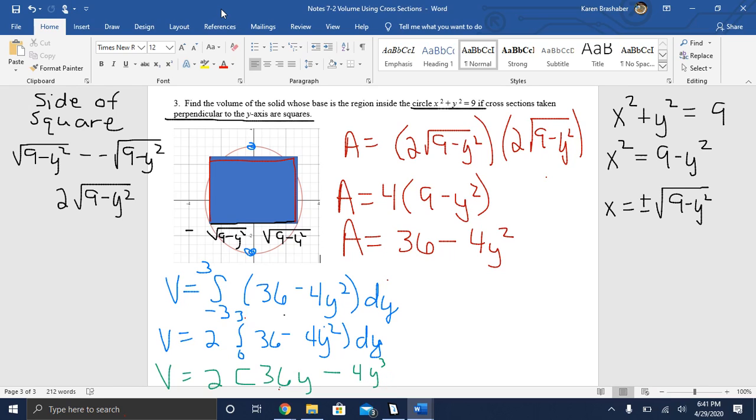And this is evaluated on 0 to 3. And after substituting in, you would get 2 times 72, and your volume ends up being 144. And that's the last of the cross-section examples. Good luck.